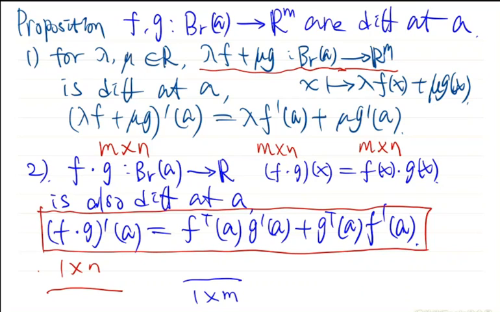We use the transpose notation because we write f(A) as a column vector. So the transpose is a row vector, and g'(A) is an m by n matrix. So the multiplication is 1 by n. Similarly, the second term is also 1 by n. So this is an equality for 1 by n matrices, or you can say an equality for row vectors. Now, the proof of the first conclusion is very easy, so I will not prove it here. I will prove the second result.